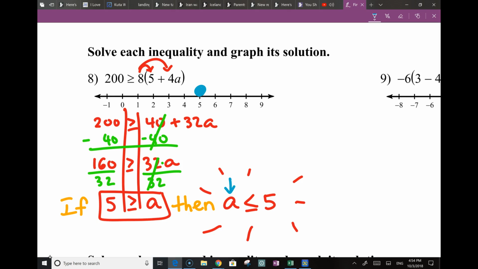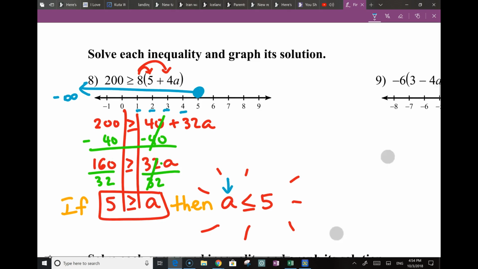You close it up. And then to show in what direction the numbers get smaller, you go left. And there's your 4, 3, 2, 1, all the way to negative infinity, which goes that way. Any number you choose along that ray will satisfy this inequality you see here. All right, number 9.